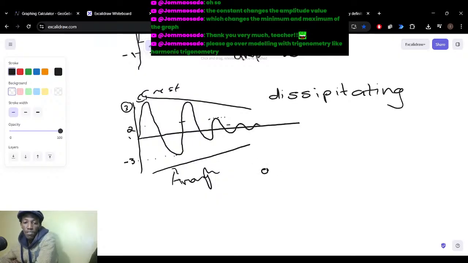And we know the equation, or rather how we can calculate the amplitude. It is the highest point, which is 3, minus the lowest point, which is minus 3, times one half, since it's the half distance between the highest and the minimum point.